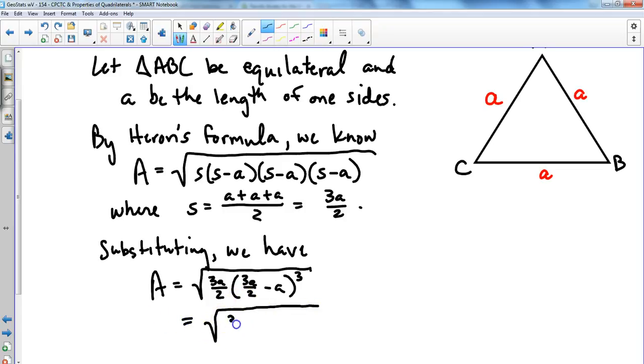So we've got our 3A over 2 times, we get a common denominator. So over here on the side, 3A over 2 minus A is going to equal 3A minus 2A over 2, which is just A over 2. So this is A over 2 cubed.